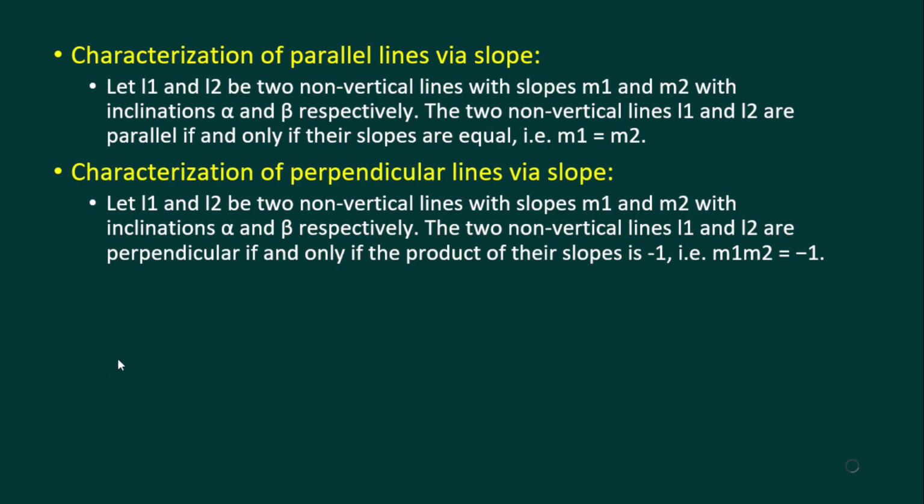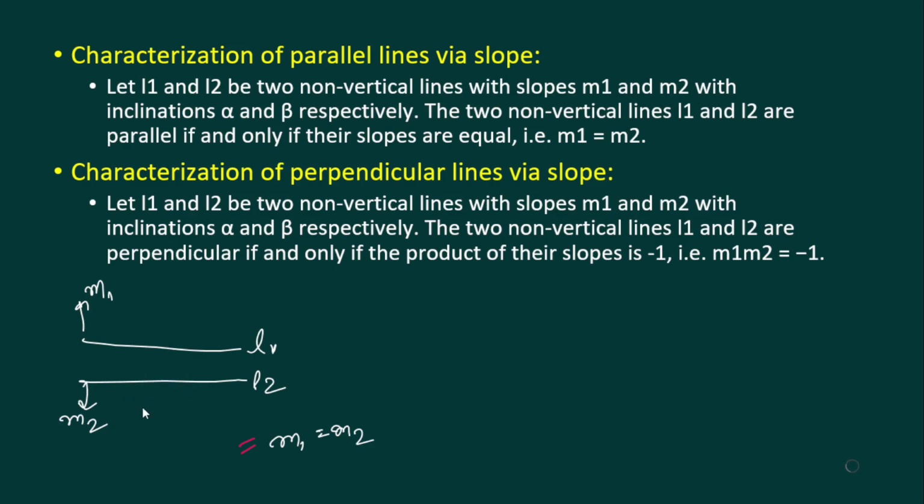Let's say this is the L1 line and this is the L2 line, and let's say the slope of this line is m1 and the slope of this line is m2. If we get m1 equals m2, then we will say that both lines are parallel to each other.